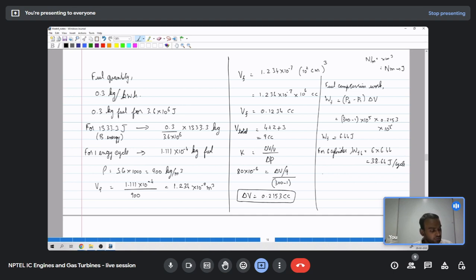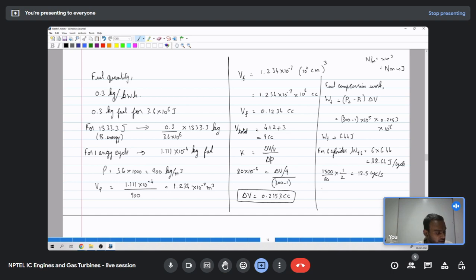And similarly, we need to know how many cycles per second we have. So 1500 by 60 would give me revolutions per second, and dividing it by 2 I will get cycles per second, because for every 2 revolutions I have 1 cycle. So this is 12.5 cycles per second.